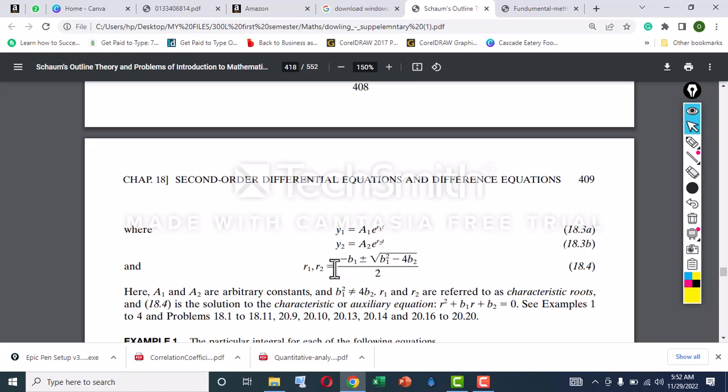Just like quadratic formula, when you get to a point, you have to separate this plus and minus. So probably this one is 10, this one is 4, this one is 2. Then you are going to say 10 plus 4 over 2. That's for r1. For r2, 10 minus 4 over 2. So one will take the plus, one will take the minus. We are going to see it in an example here. So that is the complementary function.